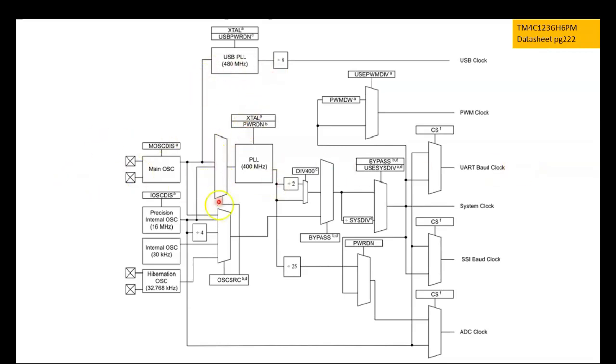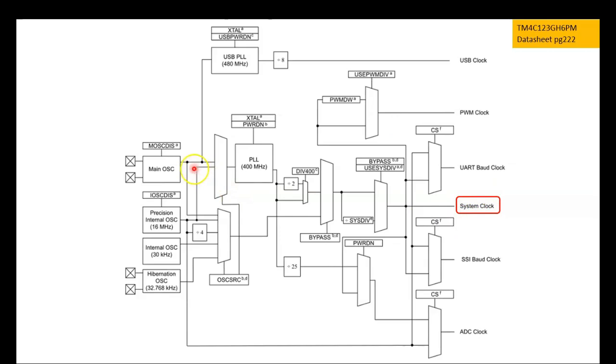This is a diagram of the clock tree of the TM4C123GH6PM, taken from page 222 of the datasheet. We'll start off by looking at the system clock.